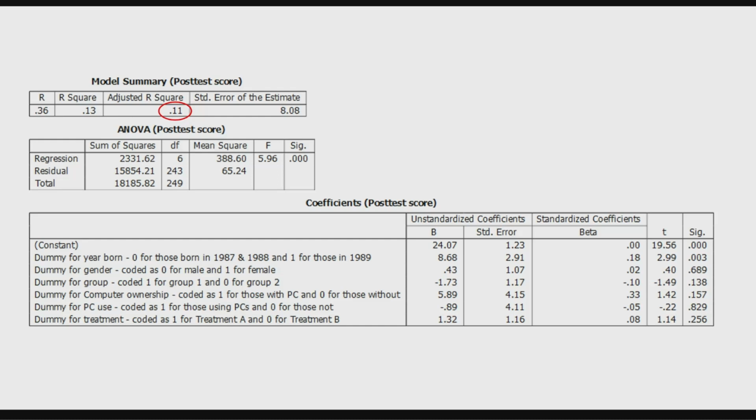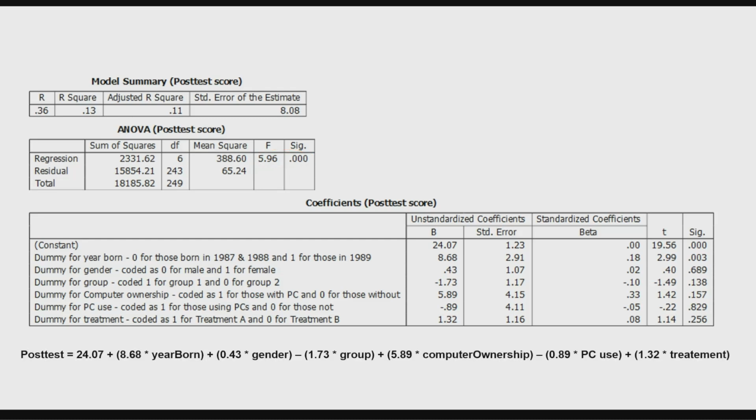In other words, your 6 variables contribute 11% of the prediction of your population. And this result also shows that these 6 variables can significantly predict your post-test, which is your dependent variable, since the Sig. is less than 0.05 and F is larger than 1.0.